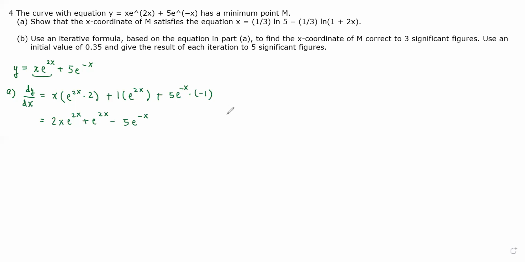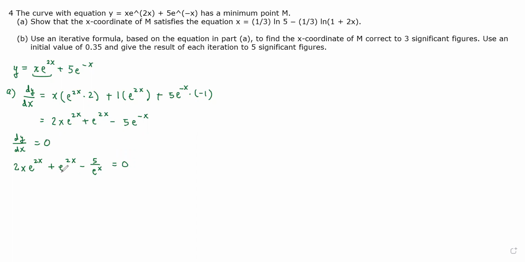Critical point occurs when dy/dx is 0. So we set dy/dx to 0. We have 2x e to the 2x plus e to the 2x minus 5e to the negative x. 5e to the negative x is also 5 over e to the x.